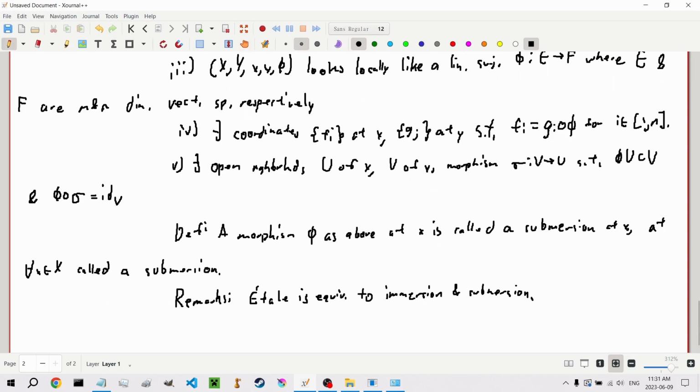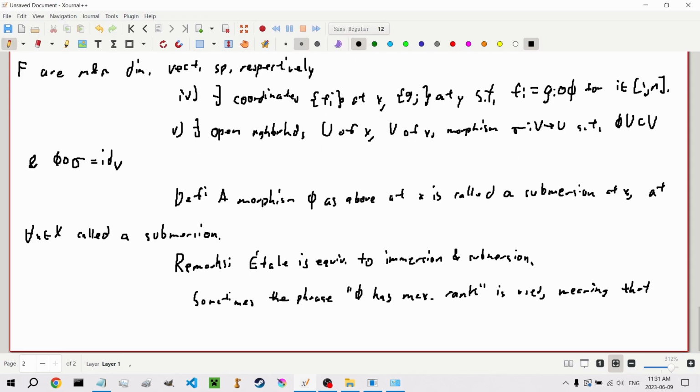Although I will keep in the remark here, it's a good way of thinking about it, I think: phi has maximal rank is used.